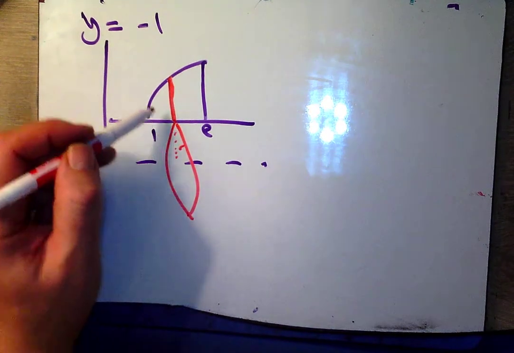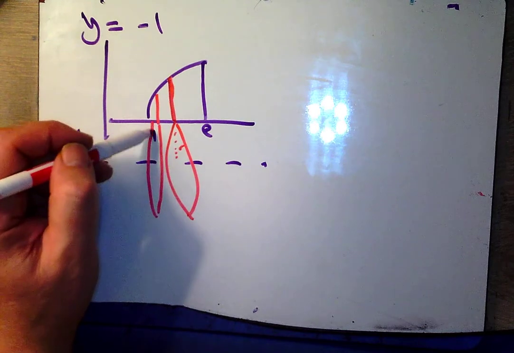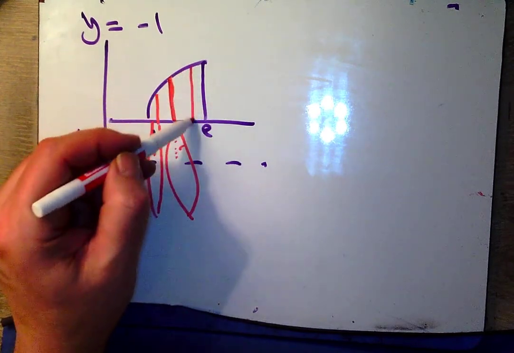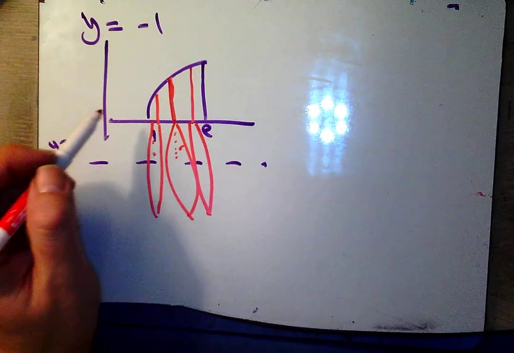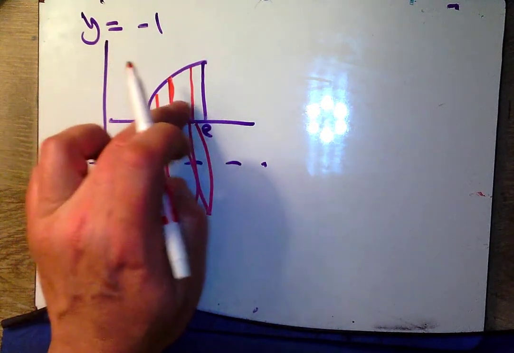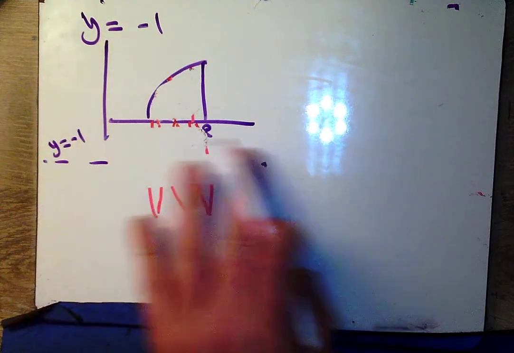And what I know about that is, if I draw that here, I'm going to have the same amount. If I draw it here, yep, same. So I see my little r as being a constant.